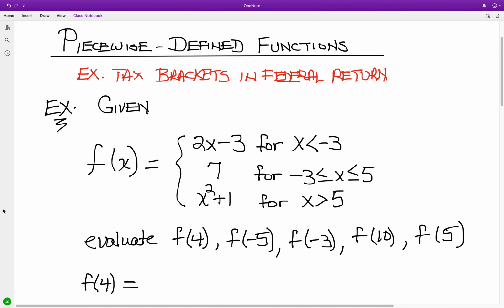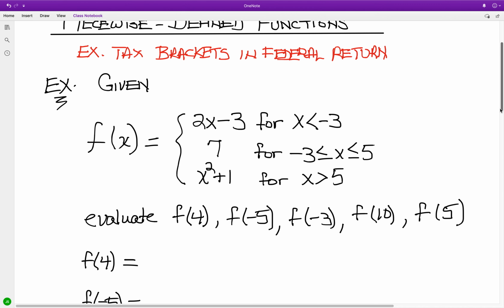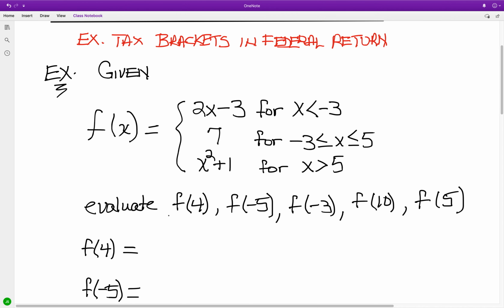So if we're looking for y values for the various input values of x, say x is equal to 4, we're looking for the corresponding y value. Now for the value 4, if you notice, 4 is not less than negative 3, so 2x minus 3 will not apply. For 4, negative 3 is less than or equal to 4, which in turn is less than or equal to 5.